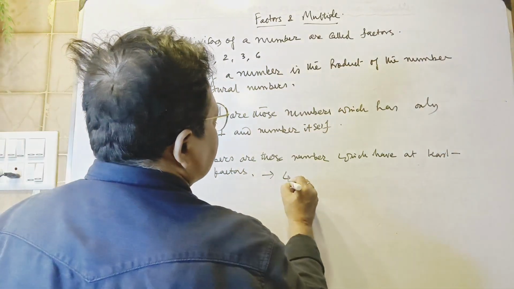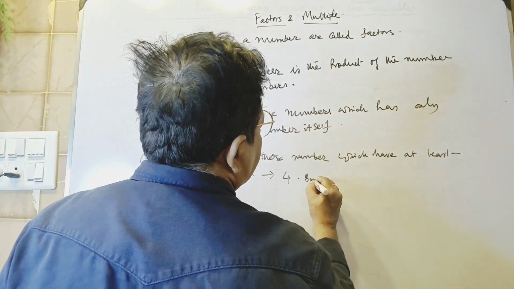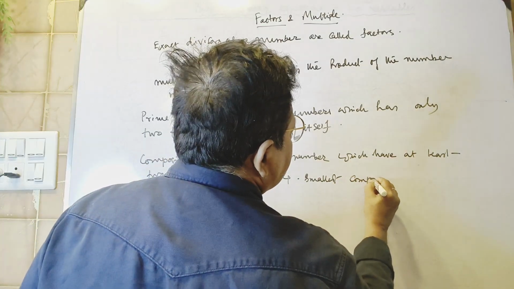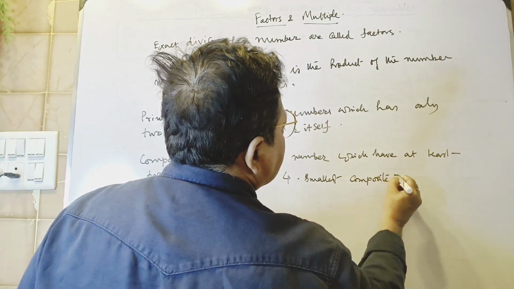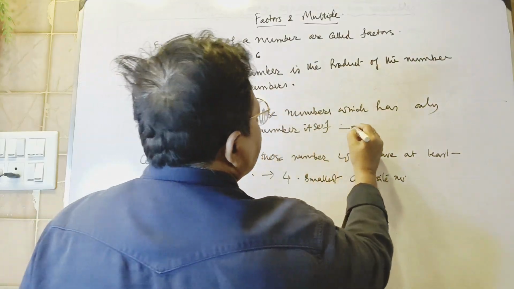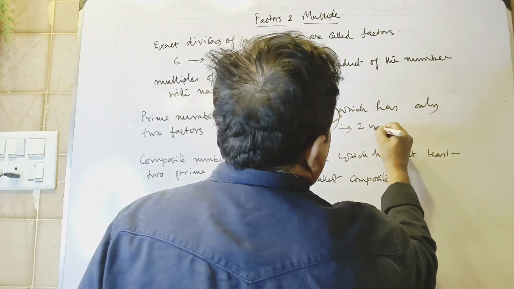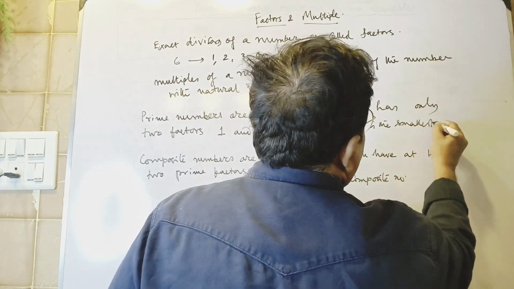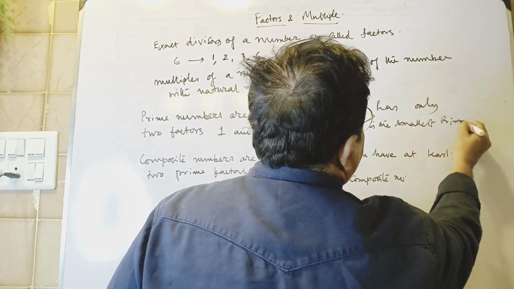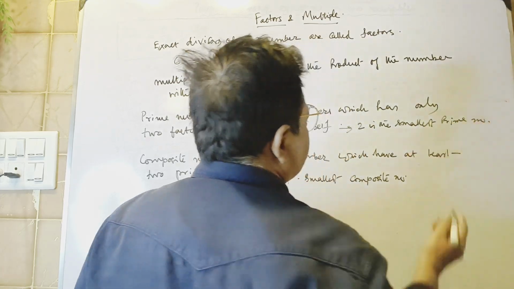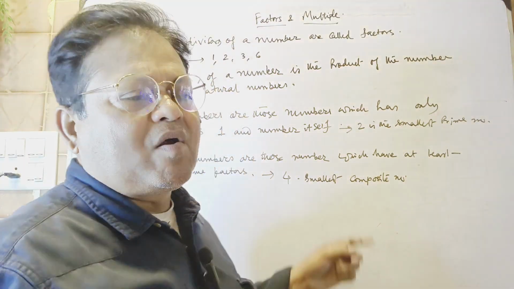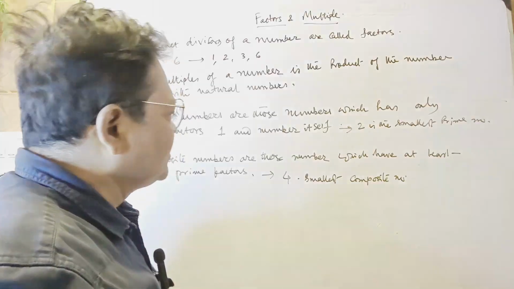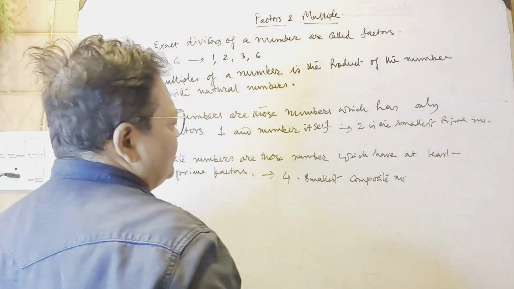As for example, 4 is the smallest composite number. And 2 is the smallest prime number, the smallest prime number which is also even. That is, the only even prime number is 2. And 4 is the smallest composite number.